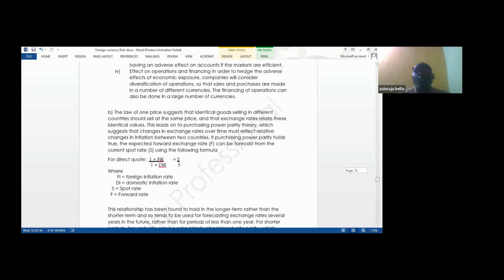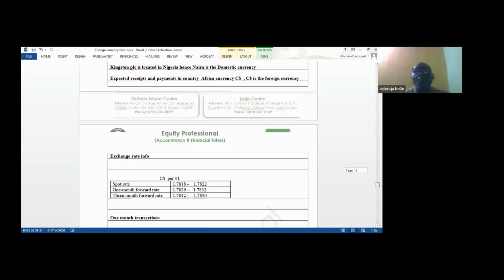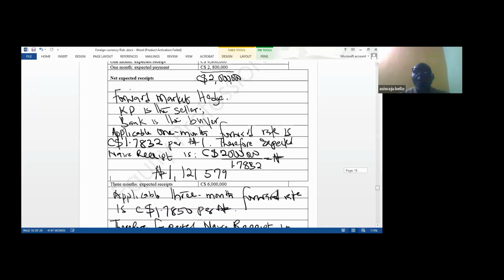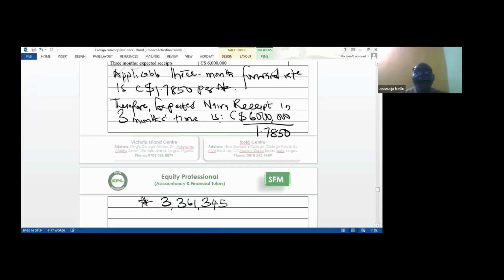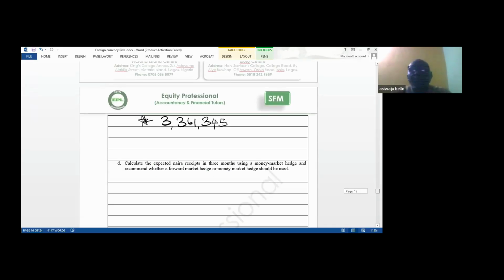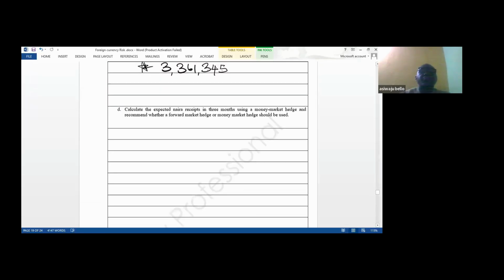Now requirement D. The examiner says, calculate the expected Naira receipt in 3 months' time using money market hedging.